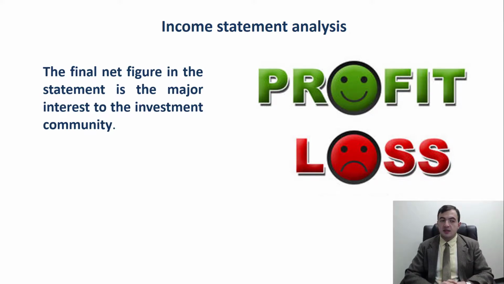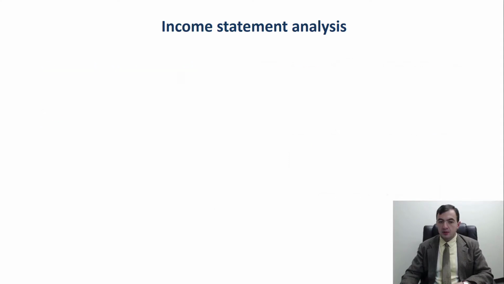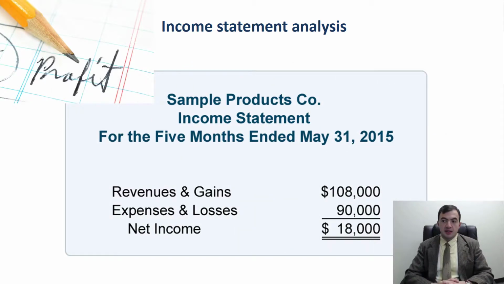If we see profit in the income statement, we're happy. It gives us a good positive sign that the company is profitable. And if we see losses, it is a sign of warning, and we need to understand why the company has losses and be careful with those kinds of companies. Now, our purpose in the project will be simplification of the income statement.